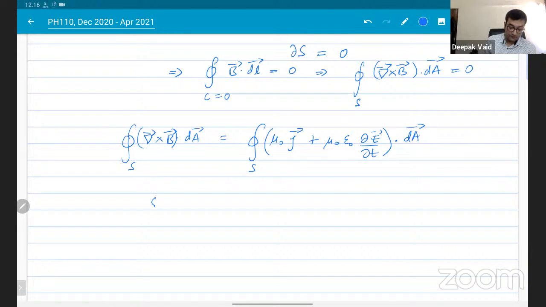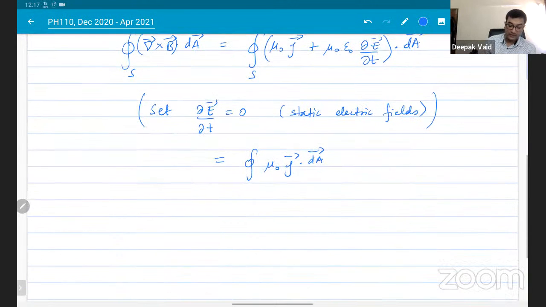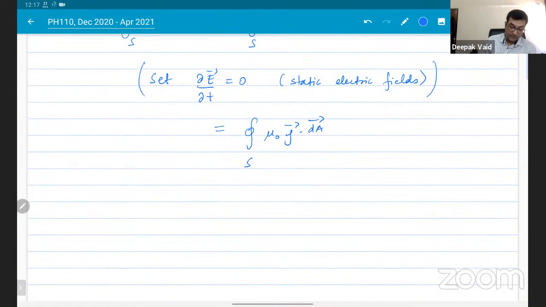Now, let us take the electric field to be static. Then what does this integral become? It just becomes the integral of mu J dot dA. Now, what is J dot dA? You have some surface, and it's a closed surface.